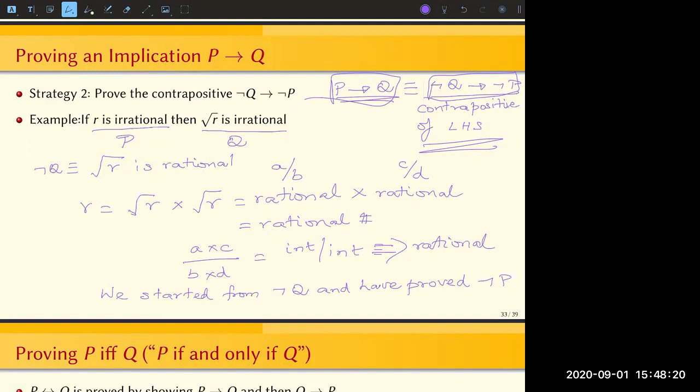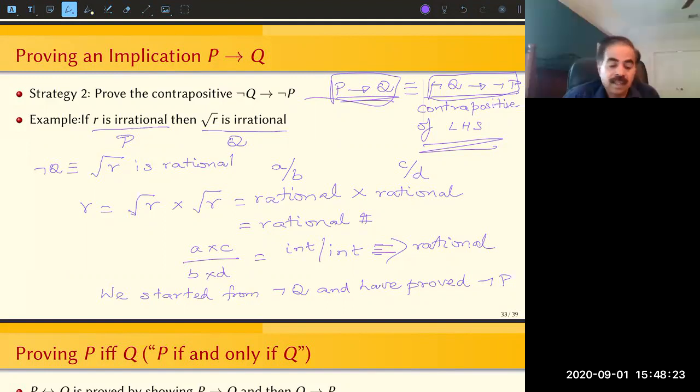Where'd you get the A times C over B, I'm sorry. So when you say something is a rational number, what does that mean? That means it can be expressed as A divided by B, where A and B are integers, right? So that is the definition of a rational number. I'm trying to explain why when you multiply two rational numbers, you get a rational number. That's because a rational number is one integer divided by another integer.